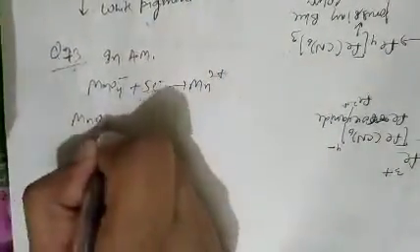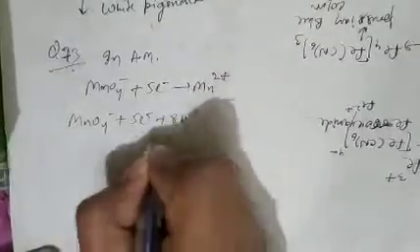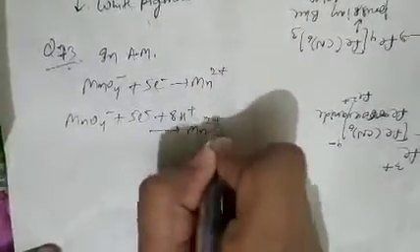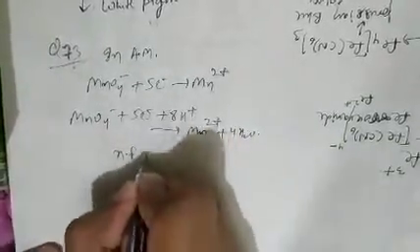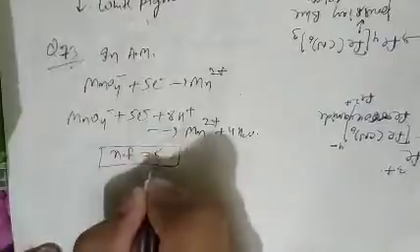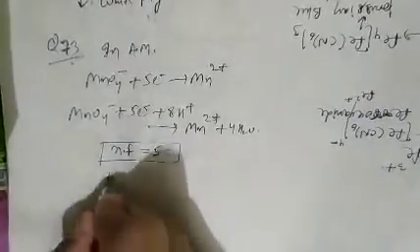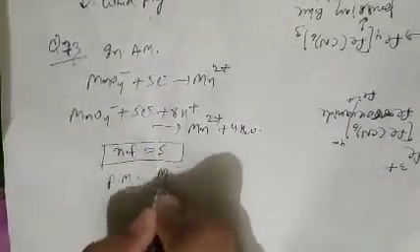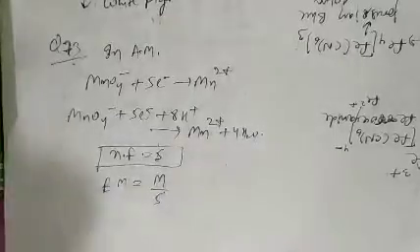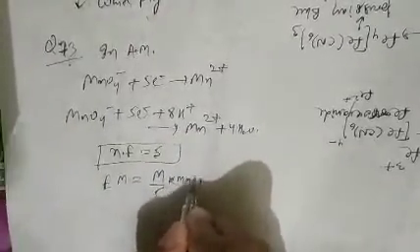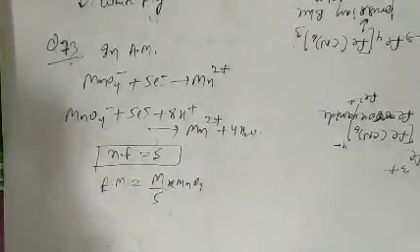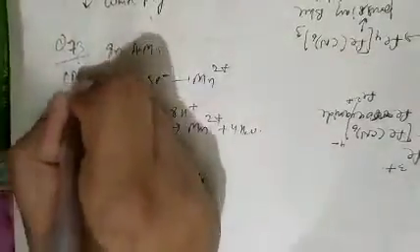So the half reaction will be MnO4 minus plus 5 electrons plus 8H plus gives Mn2 plus and 4H2O. So the N factor for this reaction is 5 and equivalent mass will be molecular mass divided by 5. So question number 73 option D is correct.